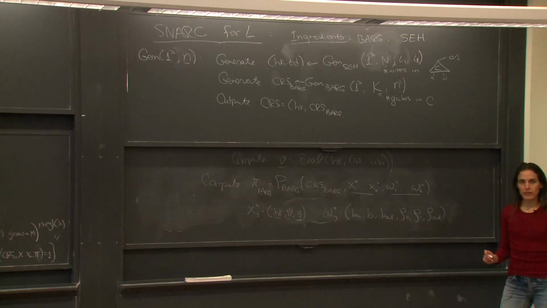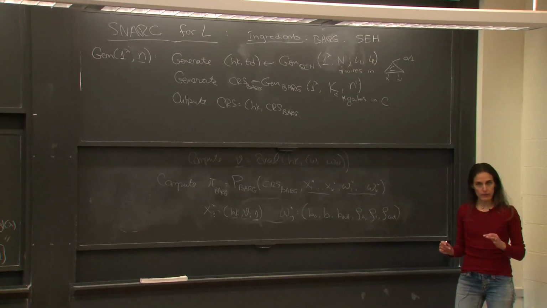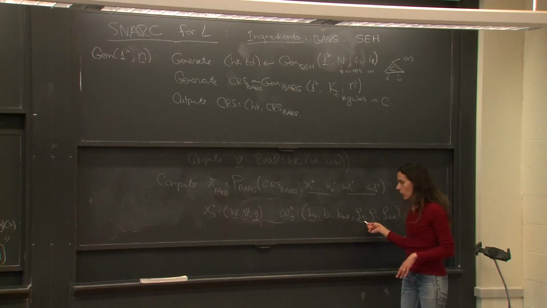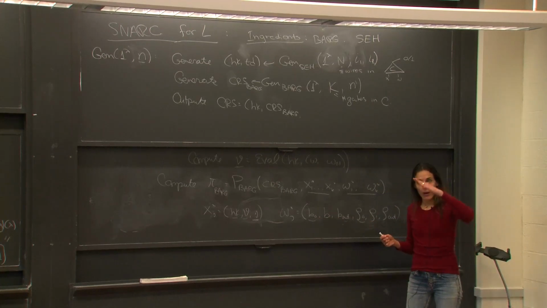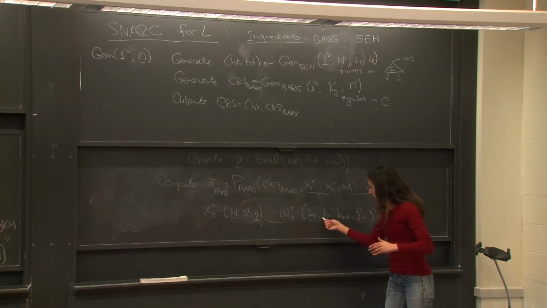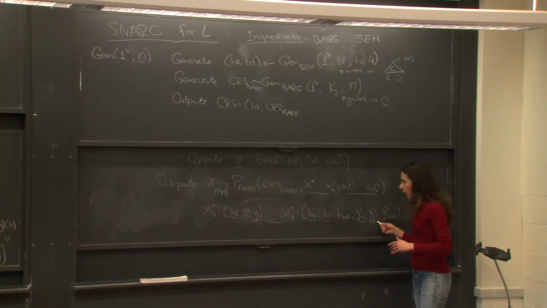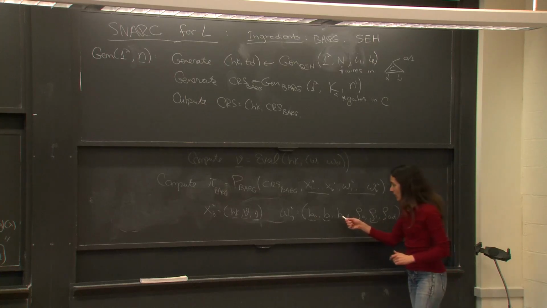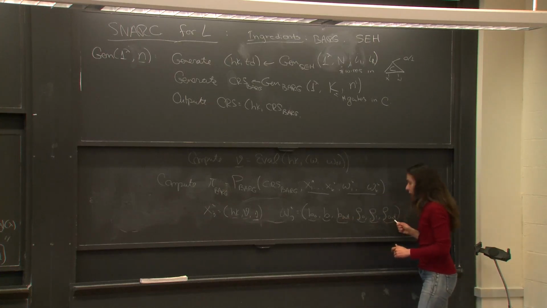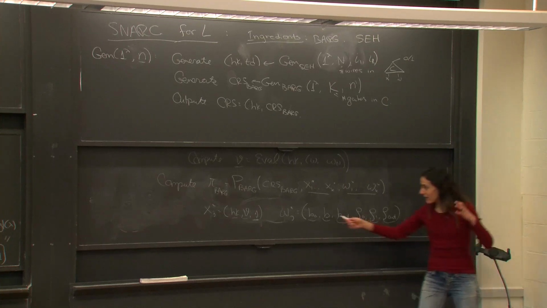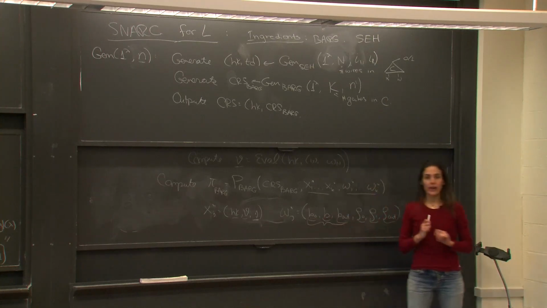That's going to be a witness, and it's a valid witness if b0, row 0 are a valid opening of the left child of gate J. b1, row 1 are a valid opening of the right child of gate J. b out and row out are valid openings of the output wire of gate J, and these satisfy the gate.